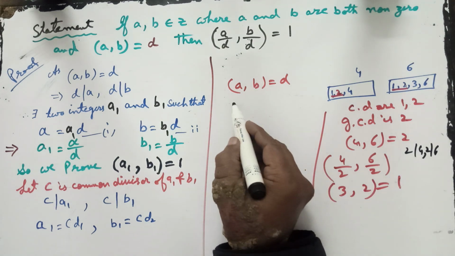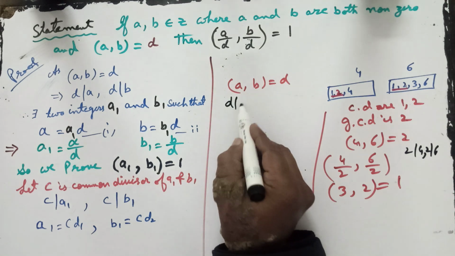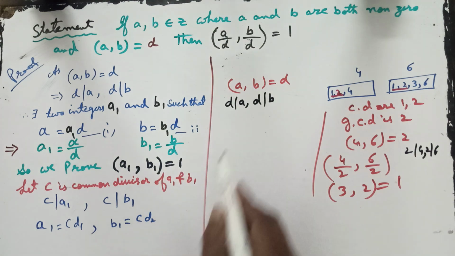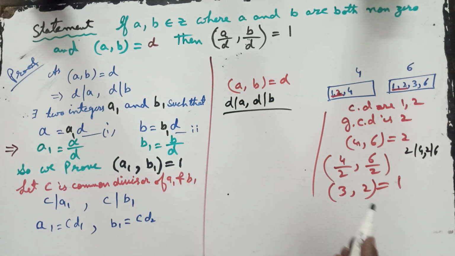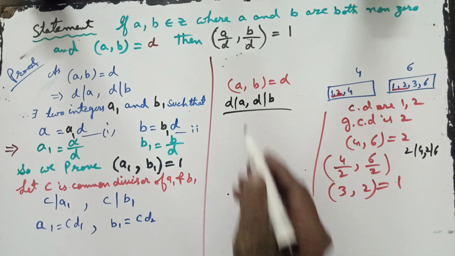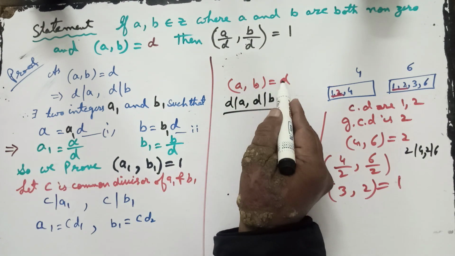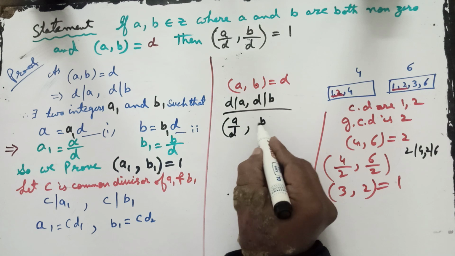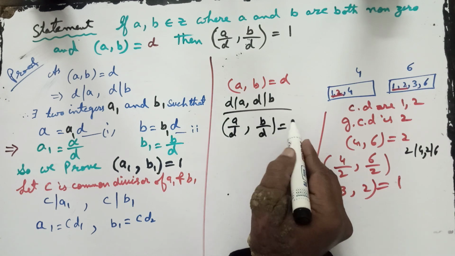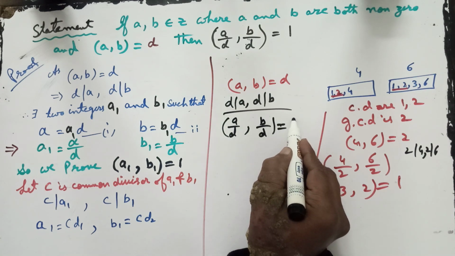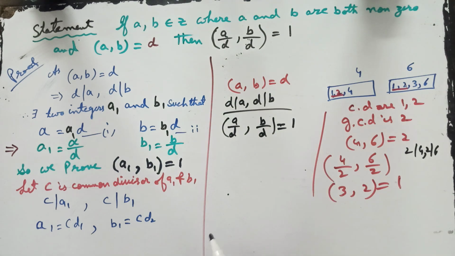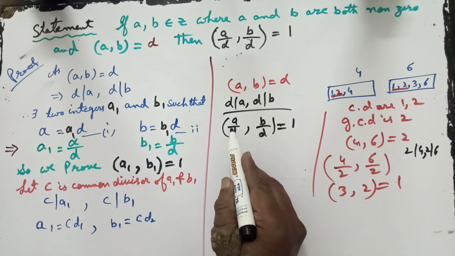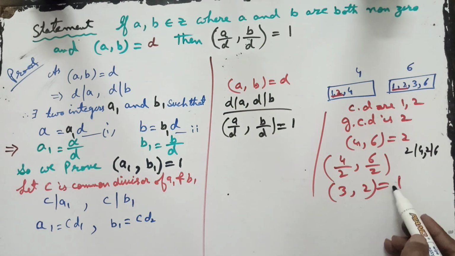Then D divides A and D divides B. Then we have to prove that if I divide by the GCD, A over D and B over D, then its GCD must be 1. There is no common divisor greater than 1 of these two numbers.